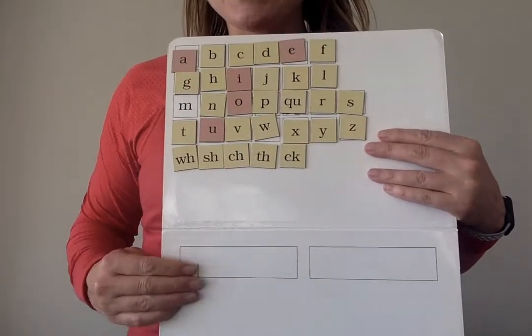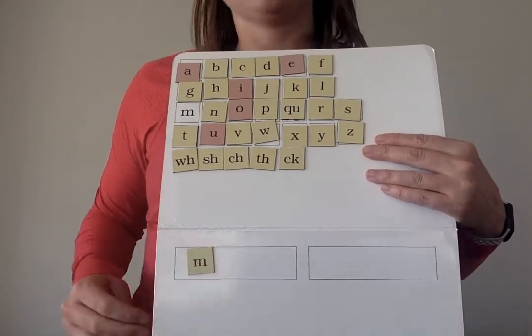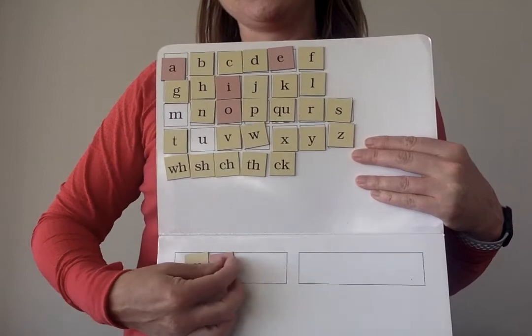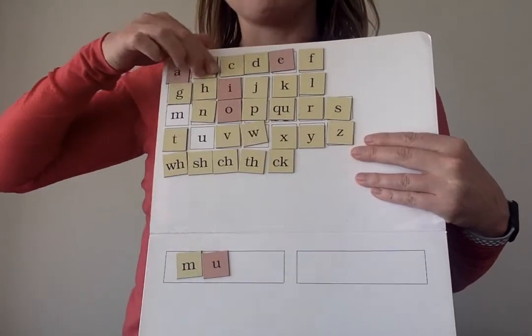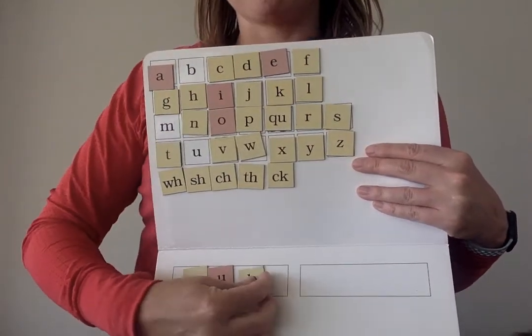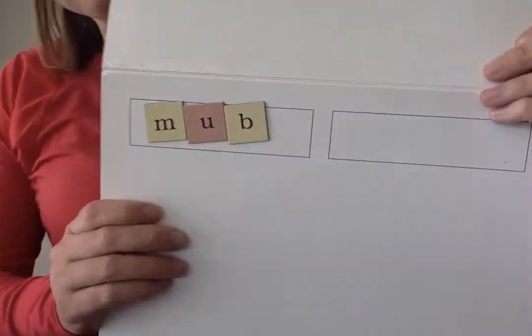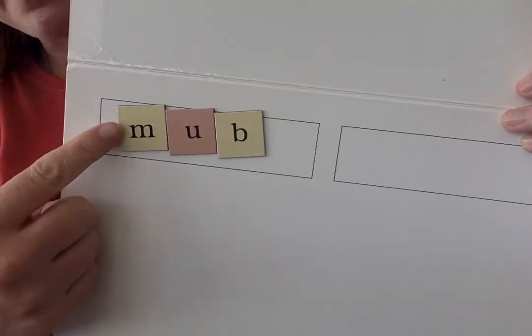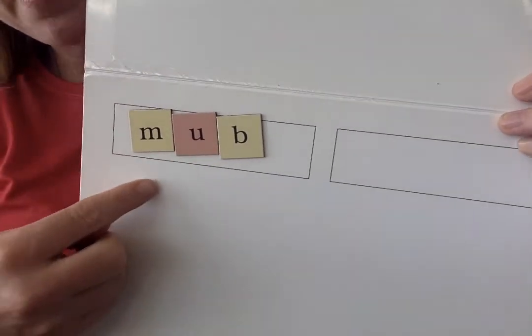First sound is M. Middle sound, U, up. B. And that B again. We use B a lot today. All right, let's practice that word. Ready? Tap the sound out and blend it together. Mub. Good job, friends.